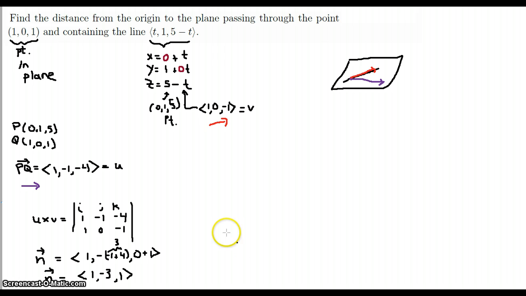Alright, great. Normal vector to the plane, point in the plane, the equation of the plane, then this plays the role of A, B, and C in the equation of the plane.